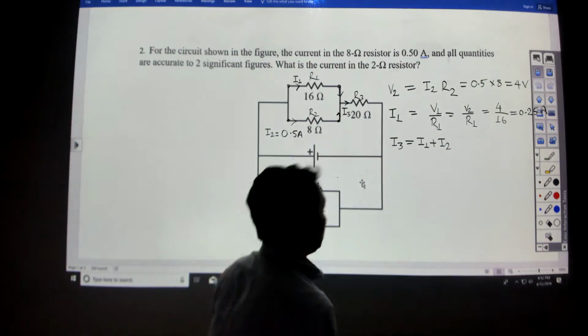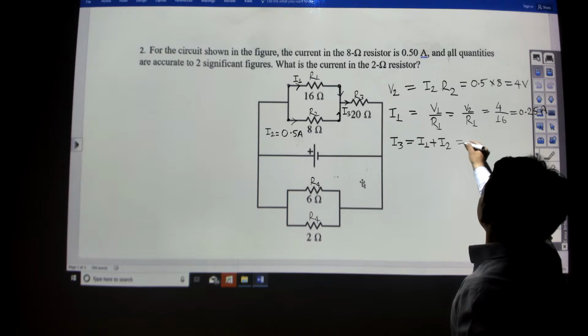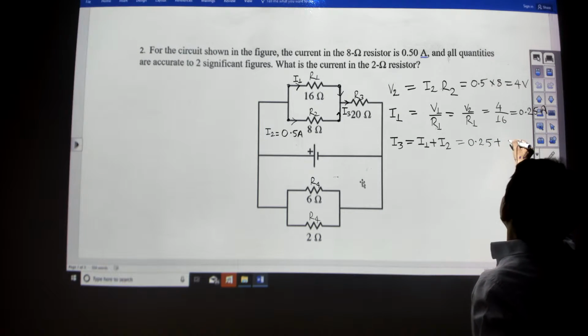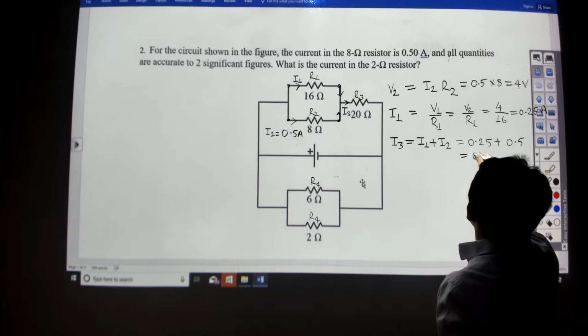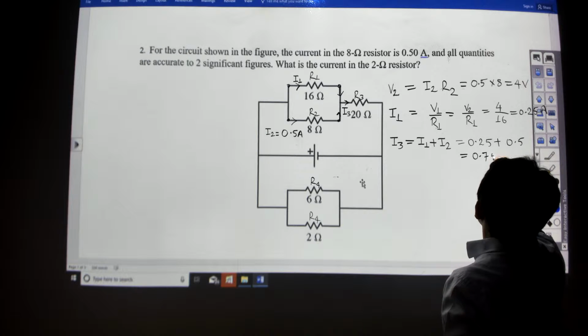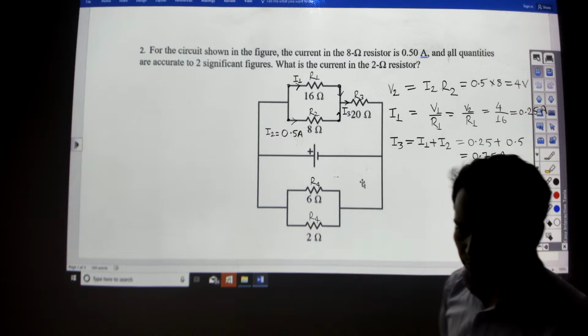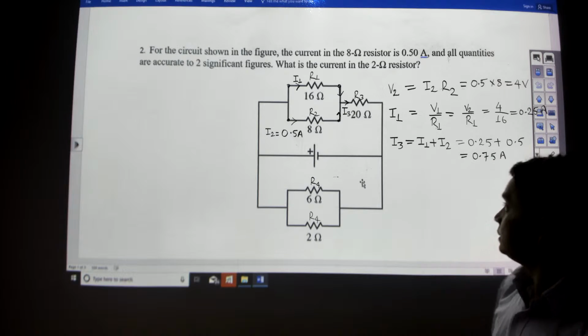I1 is 0.25 and I2 is equal to 0.5. So the total current is now 0.75 ampere. So you find the total current.